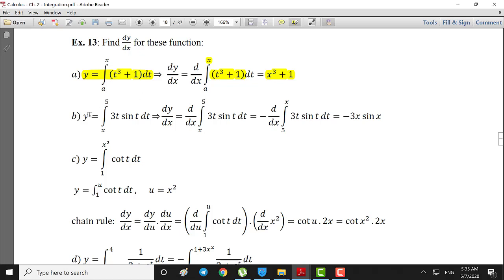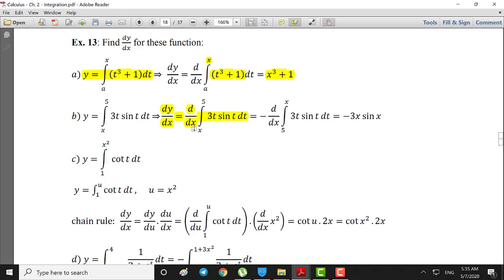In part B, which is very similar to part A, y is equal to the integration from x to 5 of a function which is 3t sine of t dt. Now, we are supposed to find the derivative of y with respect to x, and d over dx of y is equal to d over dx of the integration from x to 5 of 3t sine of t dt.